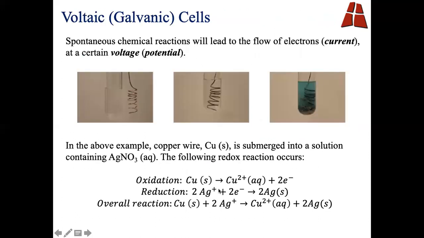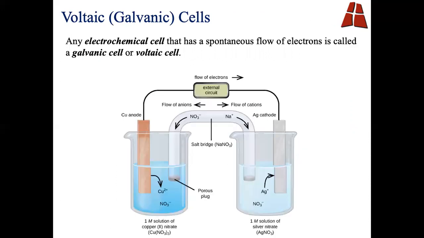Okay. Final unit, electrochemistry. So a reminder that a reduction-oxidation reaction will occur. If we have one reaction, for example, if we have oxidation, we must have reduction as well. There's an example there. And then if we construct an electrochemical cell, we will get spontaneous flow of electrons if it is a voltaic or galvanic cell.